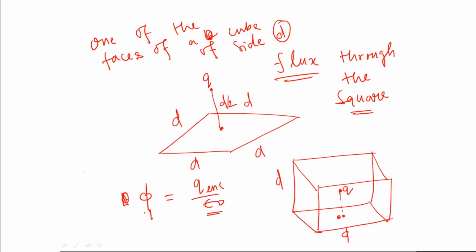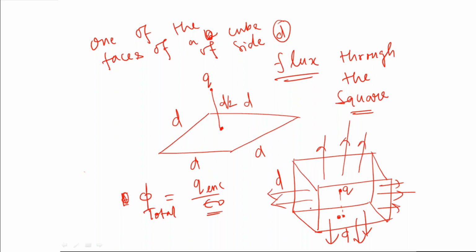If I have a charge exactly inside the cube, then the electric flux will go out through all the surfaces, all 6 surfaces. So the total flux will be like this.